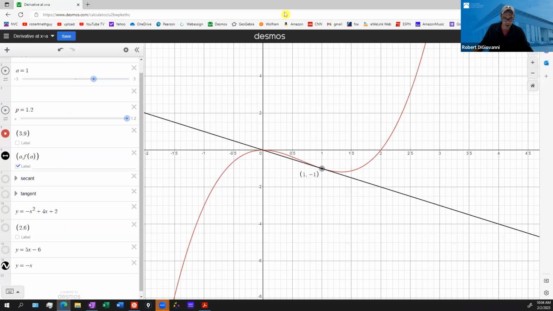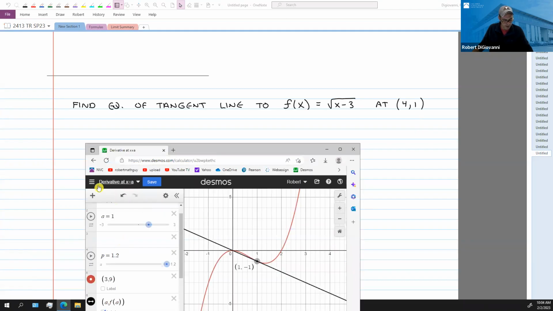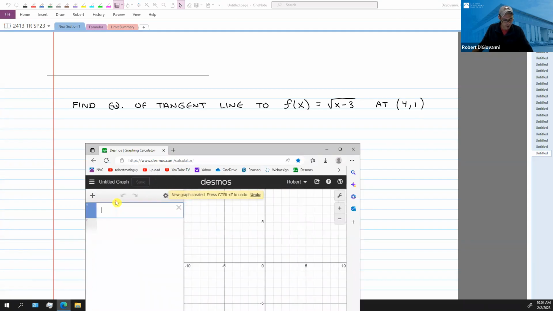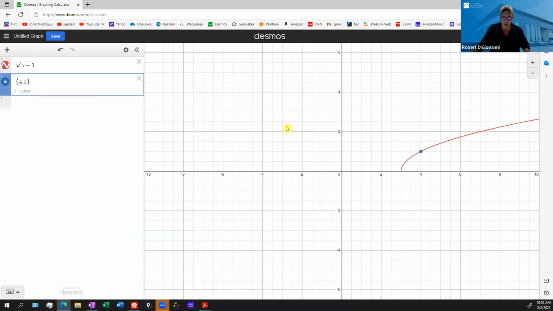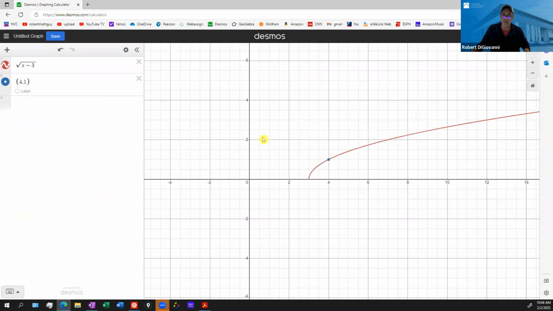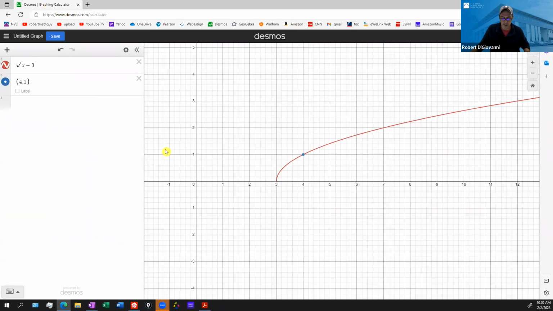While you're jotting that down, I'm going to actually graph this thing. Okay, so here's what we're looking at. There's the graph of that function. And we're looking at that point 4, 1, right?